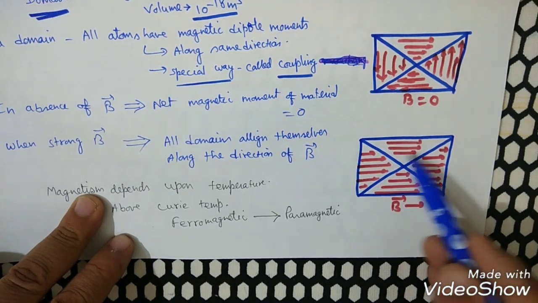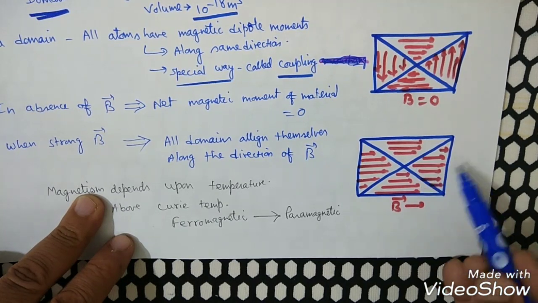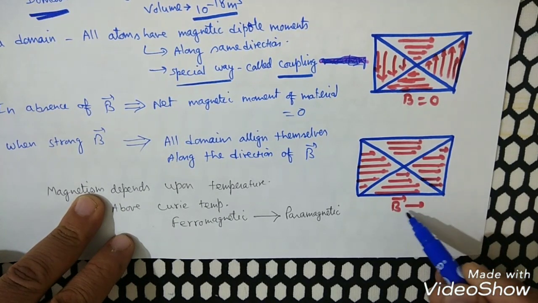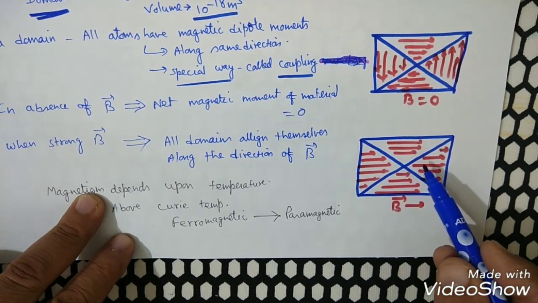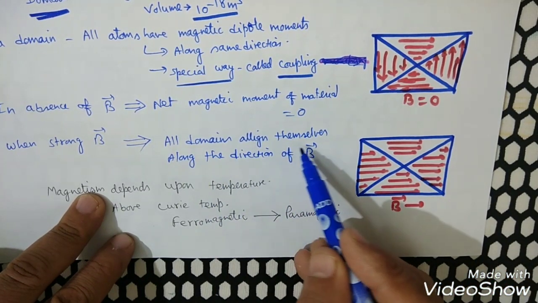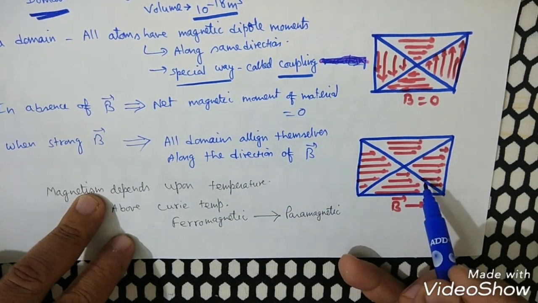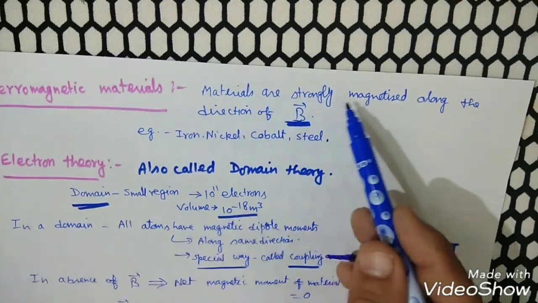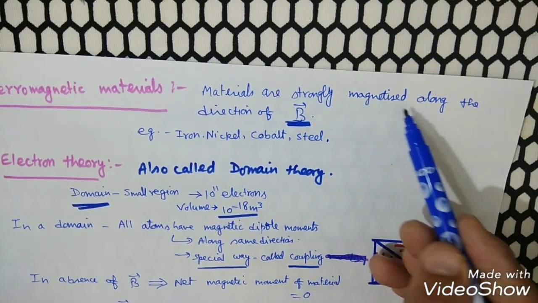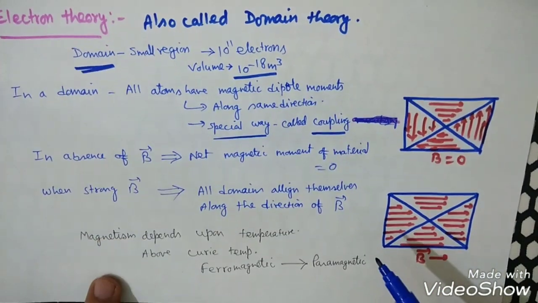These domains, which have individual magnetic dipole moments, get aligned along the direction of the external applied magnetic field. As a result, all domains align themselves along the direction of the external applied magnetic field and get strongly magnetized. So ferromagnetic materials are those materials which are strongly magnetized along the direction of the applied external magnetic field.